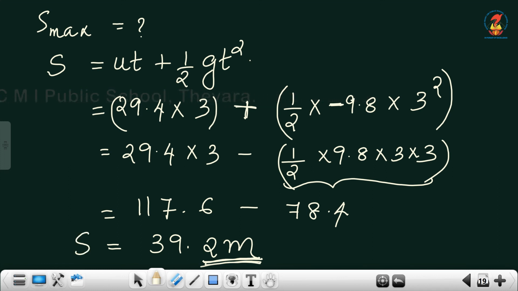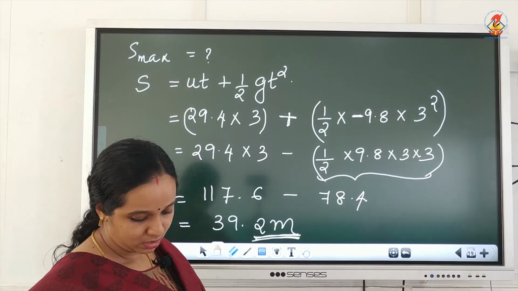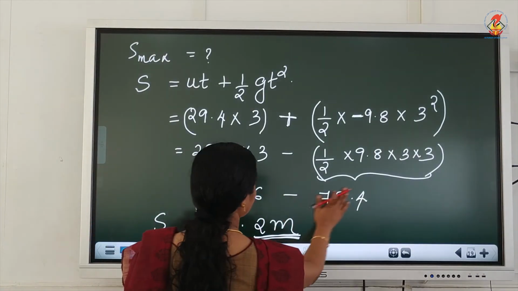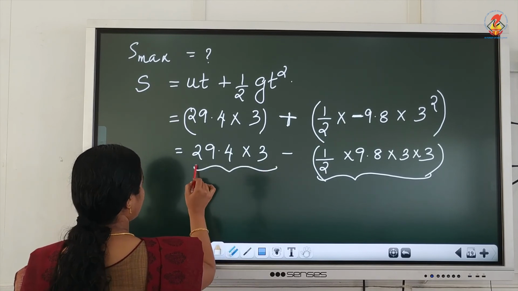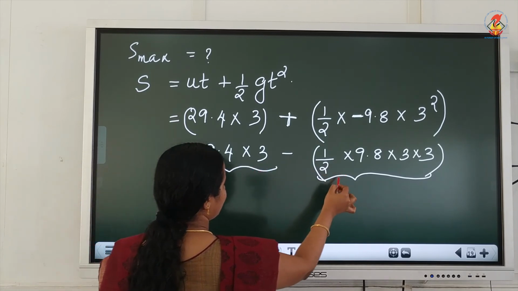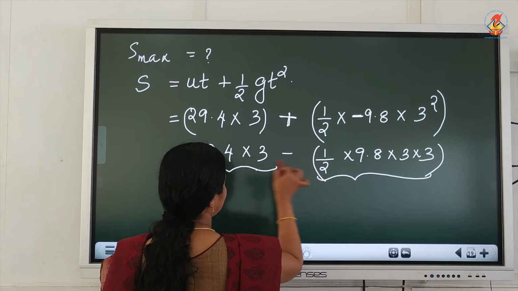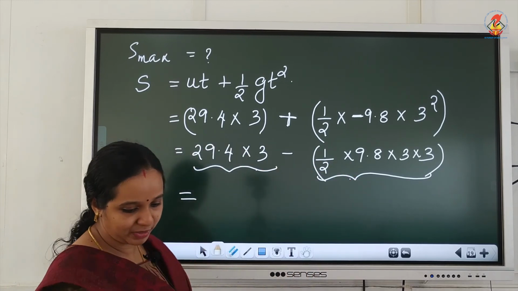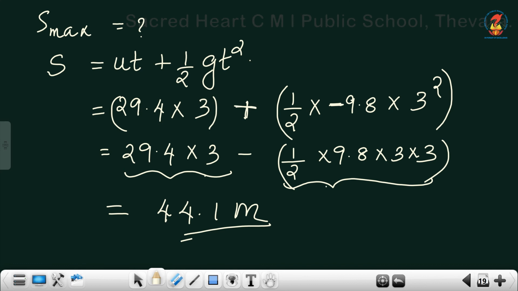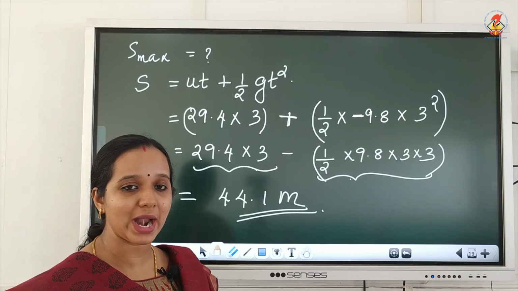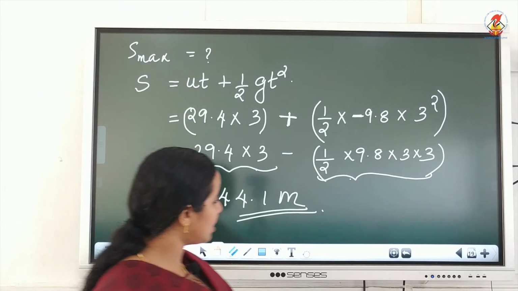Sorry. On simplifying this, multiply 29.4 into 3, multiply the second term and subtract both. On simplifying, you will get the answer as 44.1 meters. On subtracting and simplifying it, you will get the answer as 44.1 meters.